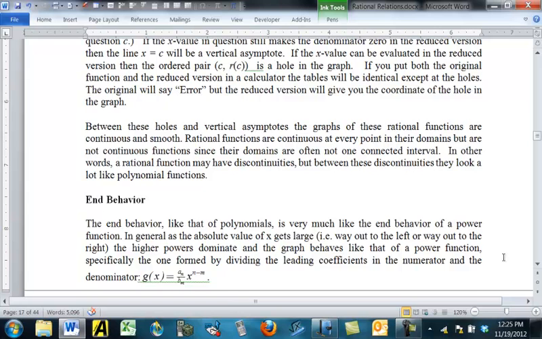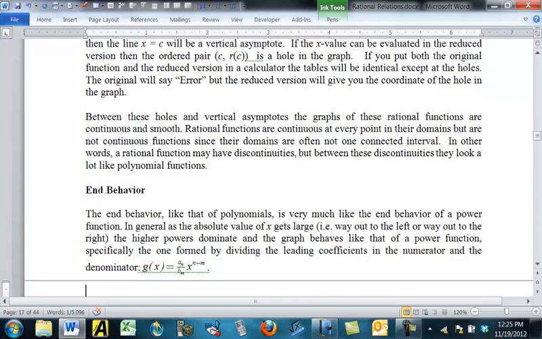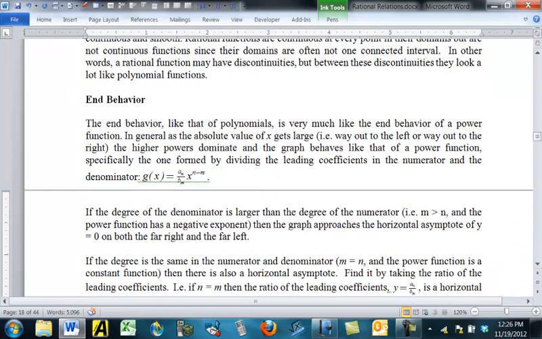It could have some horizontal asymptotes or some slanted asymptotes. You basically don't get horizontal asymptotes on the ends of polynomials. So we can have both horizontal and vertical asymptotes on some rational functions.